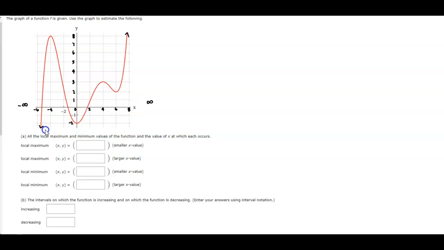Okay, now let's take a look at the turning points. If we start on the left-hand side of the graph and go all the way to the top, there's a turning point at negative 4 and then 8. So we have a turning point at (negative 4, 8).